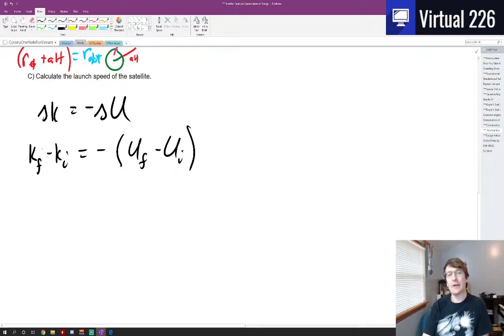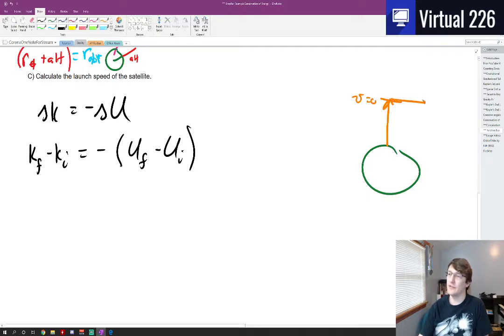So our final velocity, when the rocket gets up to some point, is 0, because then it needs to shoot sideways so it goes in a circle. So the final kinetic energy is 0, which means the initial kinetic energy we can just say is minus 1/2 m of the satellite v squared, where this launch speed is what we're looking for.